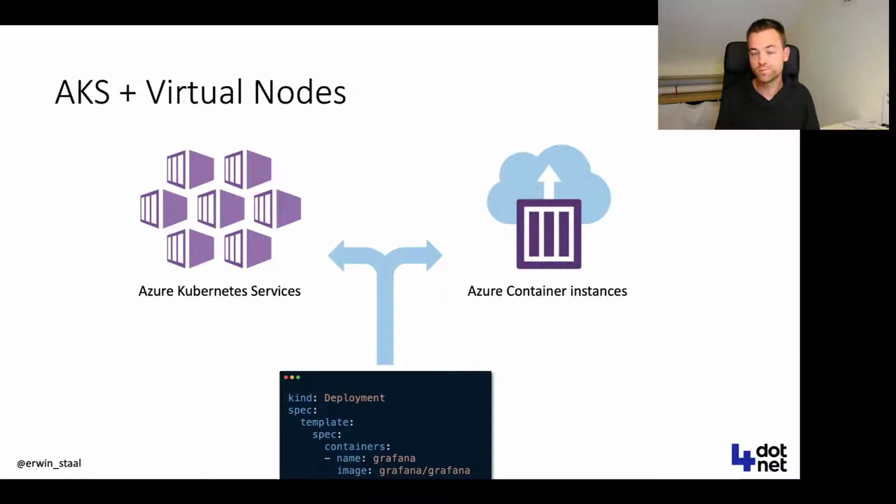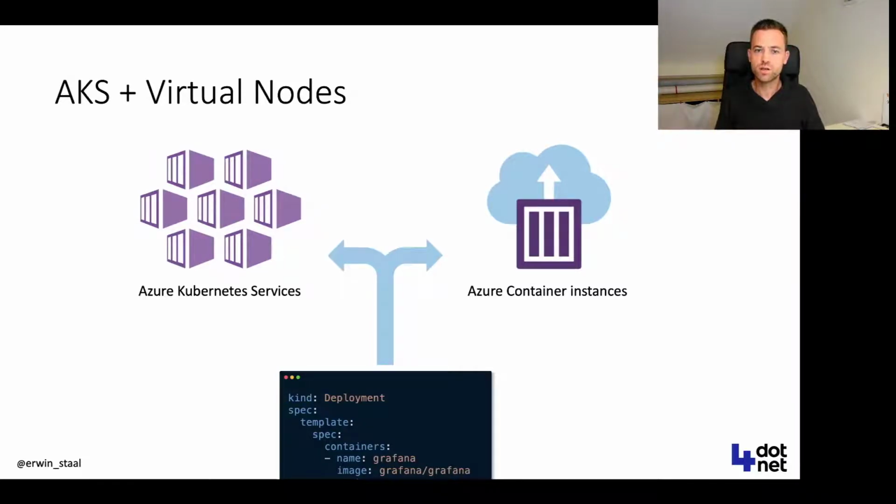So what we can do is leverage the power of the virtual nodes and actually move the work involved with the events onto the Azure Container Instances and run them there. Just spin up an instance, let it do its work, and then delete it again.